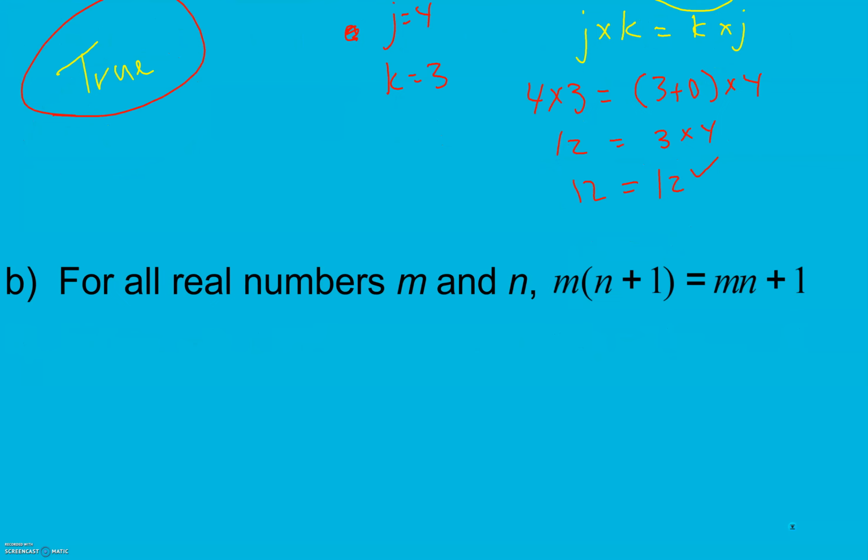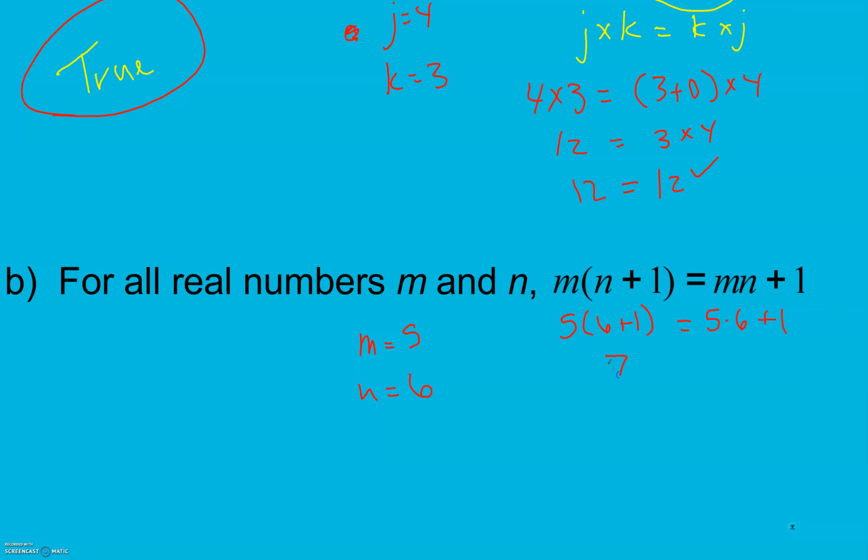For real numbers m and n, m times the sum of n plus 1 equals m times n, and then plus 1. I don't think this is going to work. It doesn't look like any of our properties, but we can double check by trying some values. So I'm going to say m equals 5, n equals 6. 5 times the sum of 6 plus 1 equals the product of 5 and 6, plus 1.